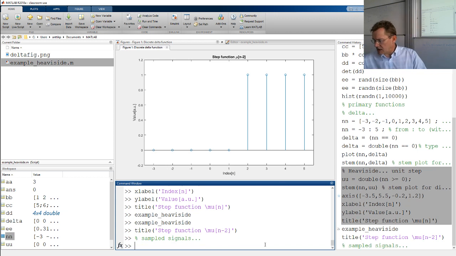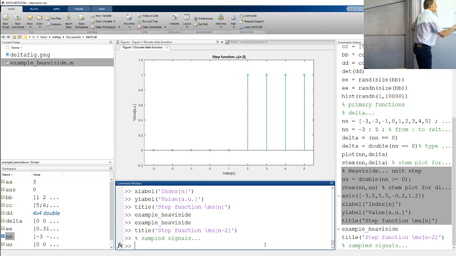Sampling of any signal actually starts from the fact that, well, for example, if you have a continuous time sinusoid, x of t is A, which is amplitude, times sine 2 pi f times t. That's a sinusoid with physical frequency of f.